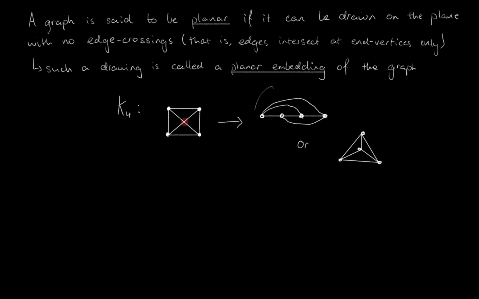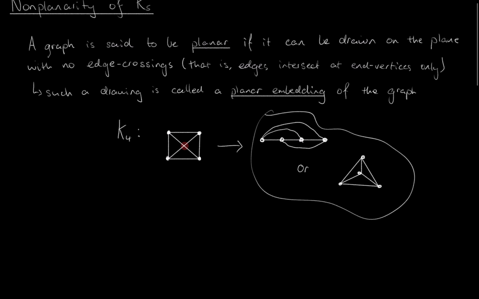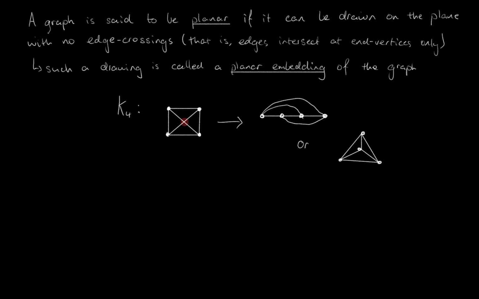So we call these 2 graphs here a planar embedding of K4. So that's one example. Now, the point of doing this is to motivate the non-planarity of K5.